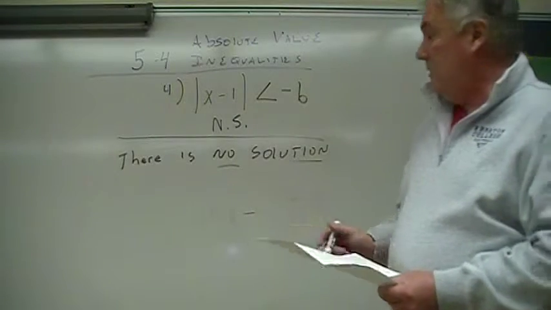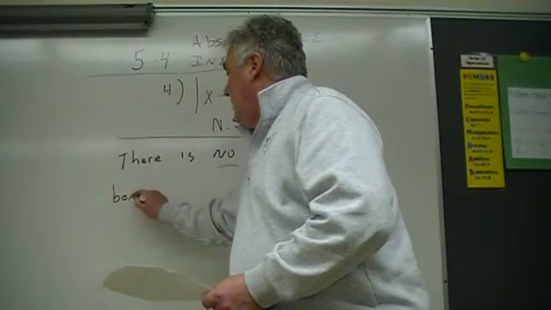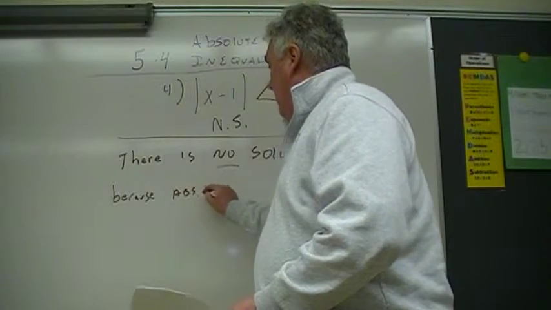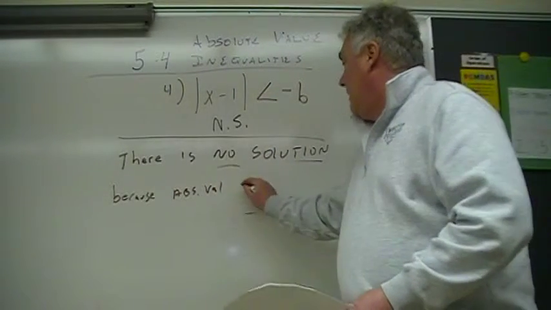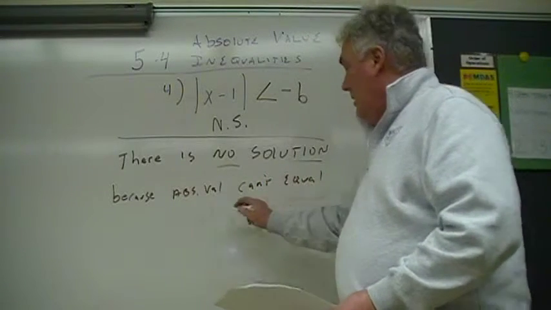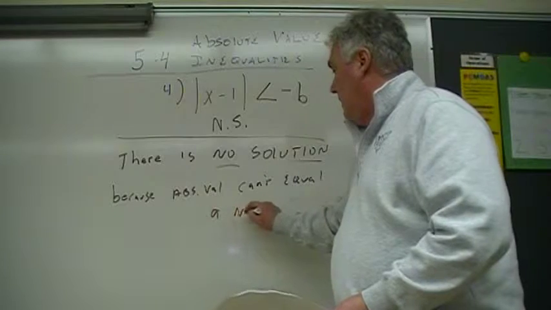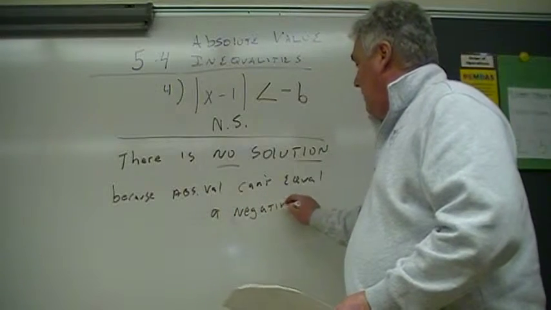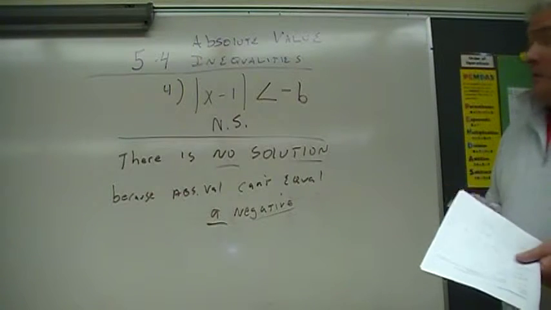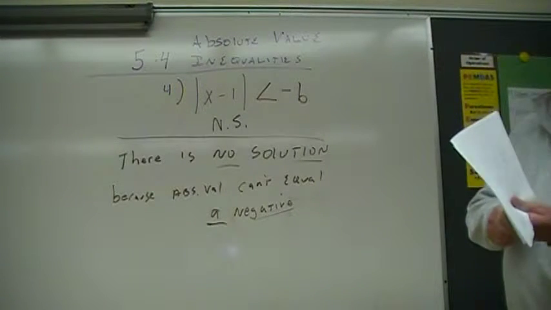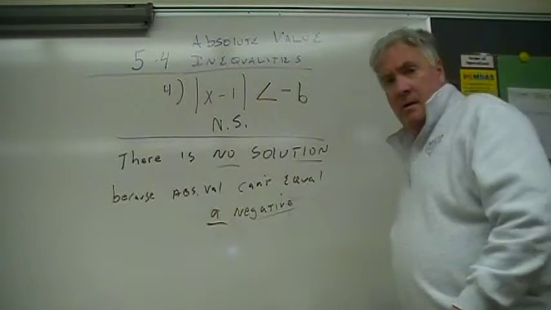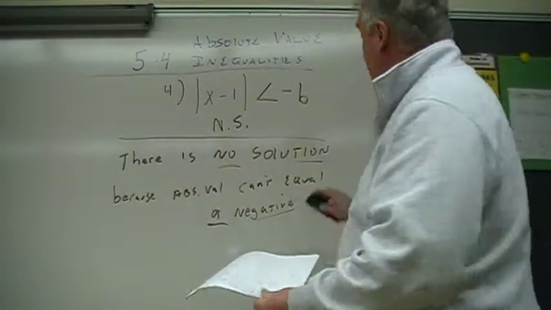There's no solution because absolute value can't equal a negative. So what I'd like you to do on your notes for number 2 is to fill that in right there. And we're down to 2 problems left.